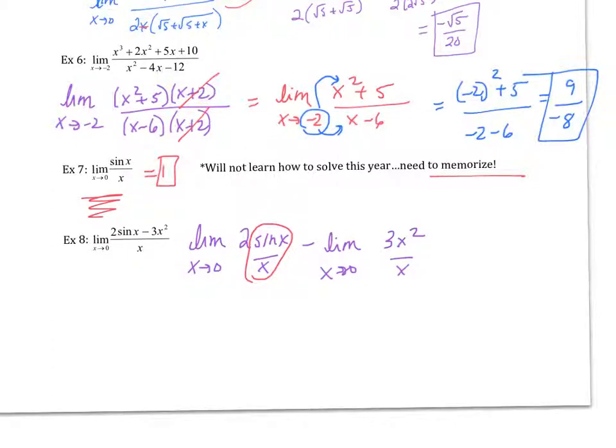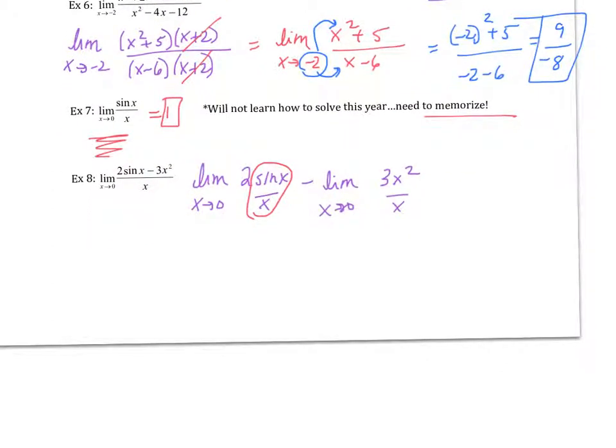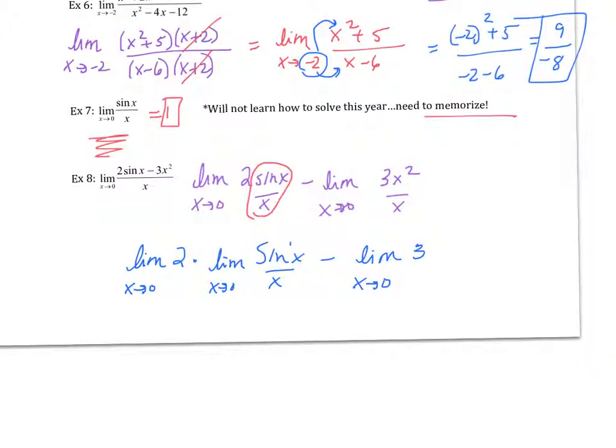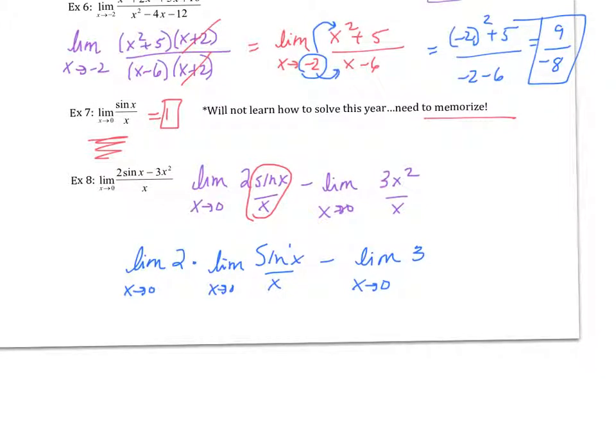If I further divide these limits and rewrite them with the product rules, I'll have 2 times the limit as x approaches 0 of sine x over x, minus 3 times the limit as x approaches 0 of x, because we were able to reduce one of those x's.